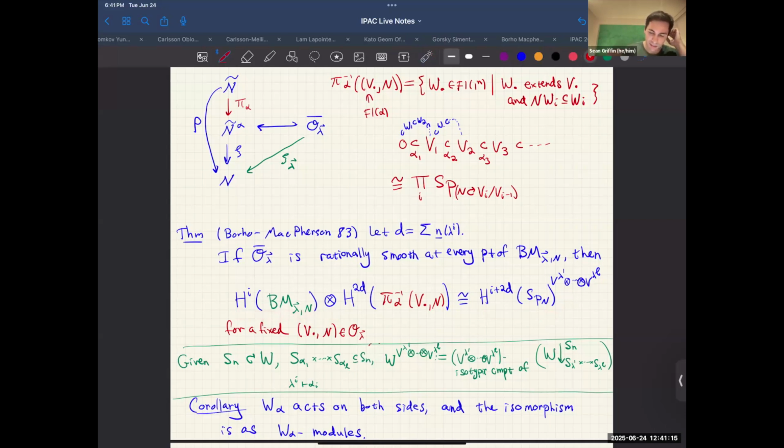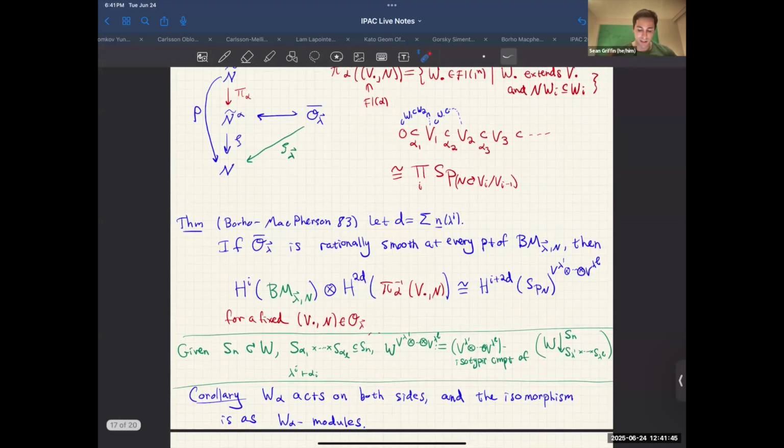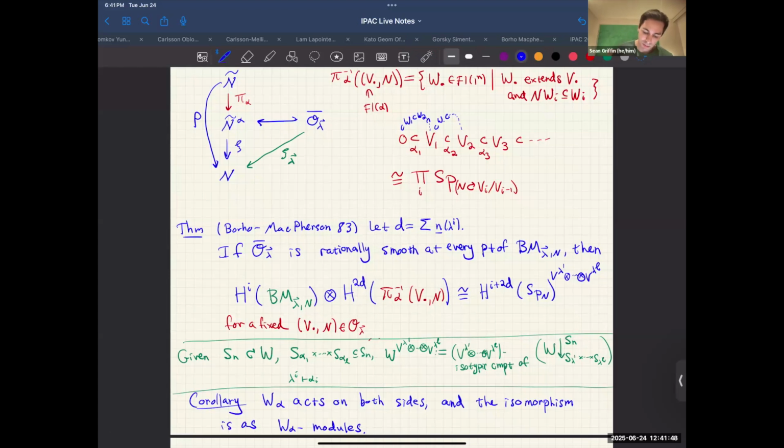It acts trivially here, and we can just think of this as a vector space, sitting in a single degree, so it's not even a graded vector space. And it's also acting here because when you take this isotypic component, you still have this relative Weyl group action sitting around. So really, this is an isomorphism of graded W alpha modules. As you sum over i, you get an isomorphism of graded W alpha modules.